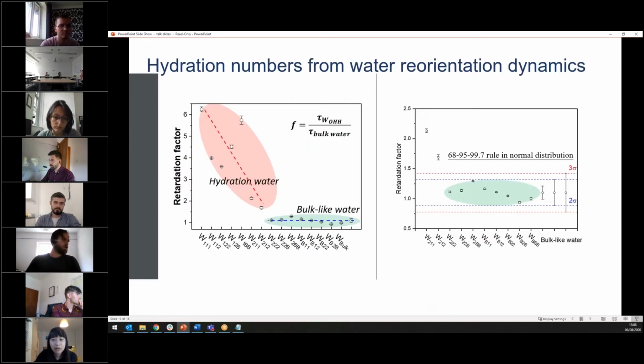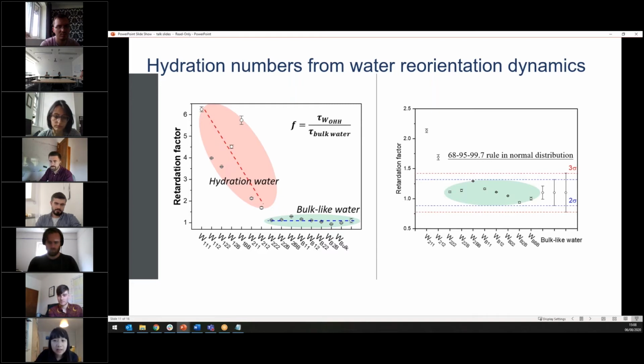We calculate the reorientation dynamics in different subpopulations. We define the factors as a ratio between the reorientation relaxation time of subpopulations and that of what we consider bulk-like water. So BBB is bulk-like, and the figure shows the factors of subpopulations in the magnesium chloride solutions.